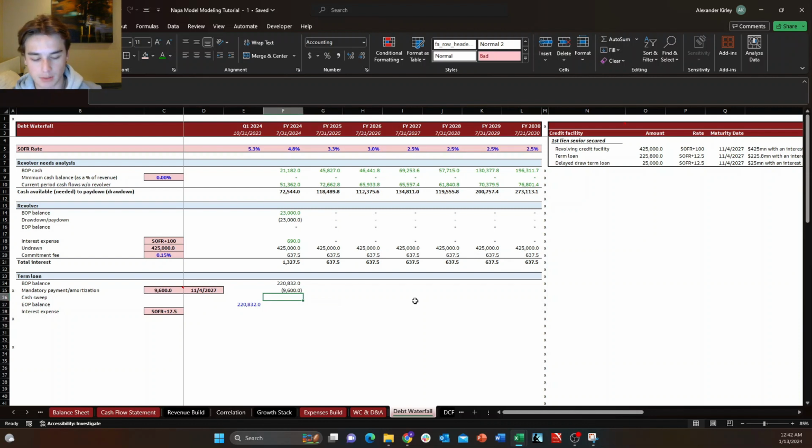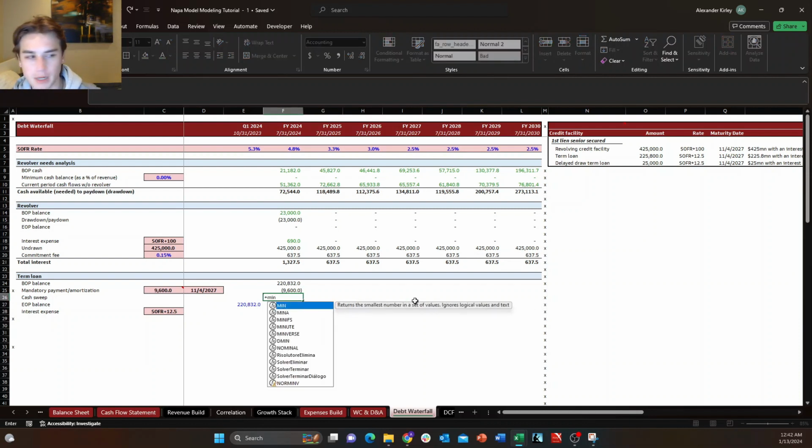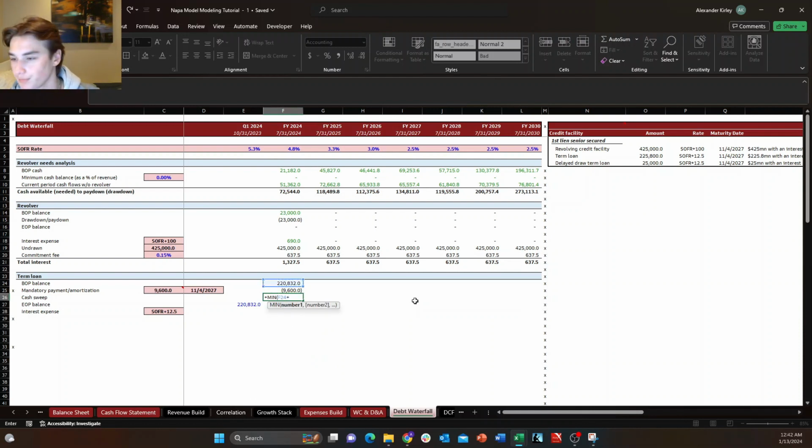So how I'm going to do this is I'm going to take the minimum of the remaining balance, so my beginning of period balance plus my mandatory payment, and the cash I have available for repayment here. Multiply that by -1.